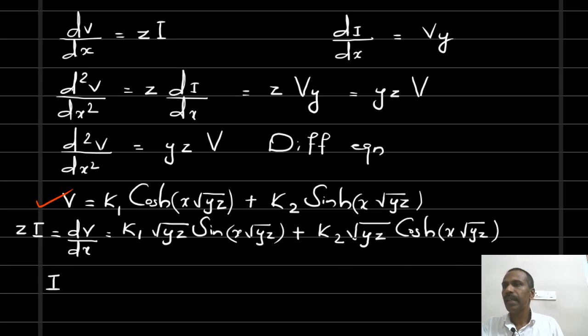Or you can write I equals, this z can be brought to the right side. When it comes within this root, it becomes 1 by z square.